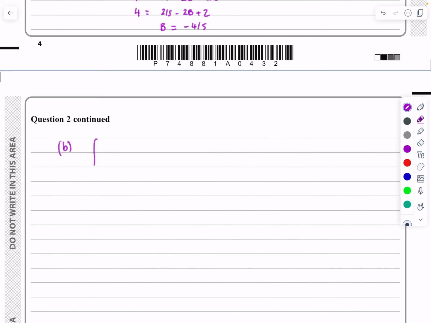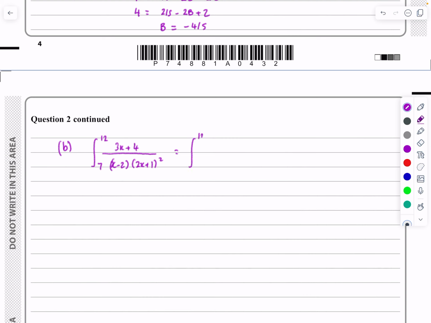It's the integral between 12 and 7 of 3x plus 4 all over, it's the same fraction, x minus 2, 2x plus 1 squared. Well, that's going to be the integral of all of those fractions, isn't it?